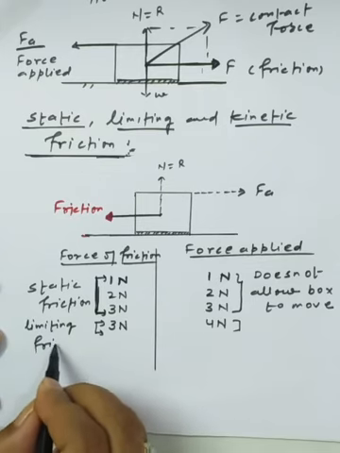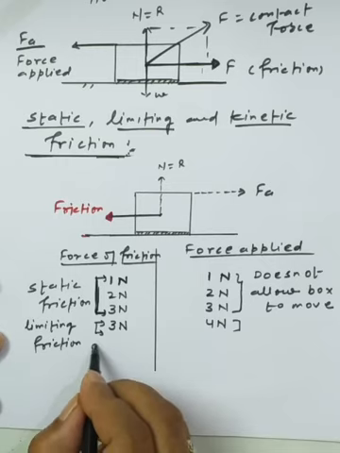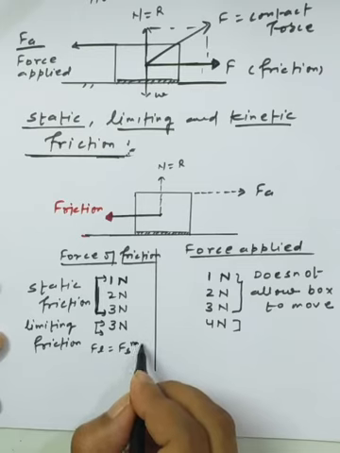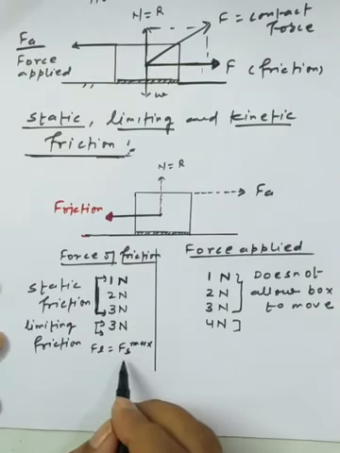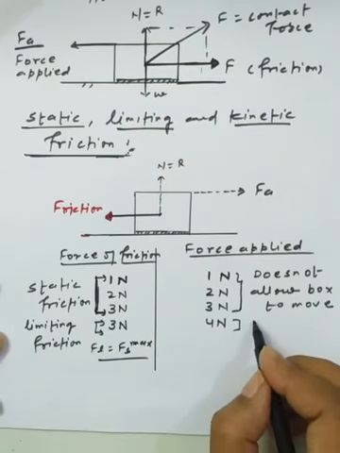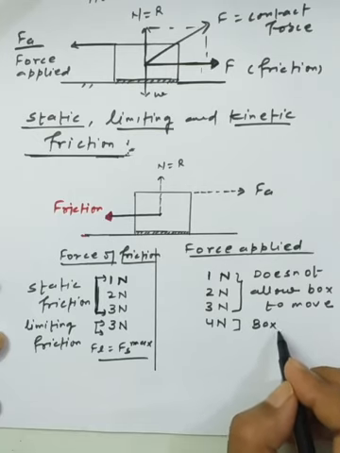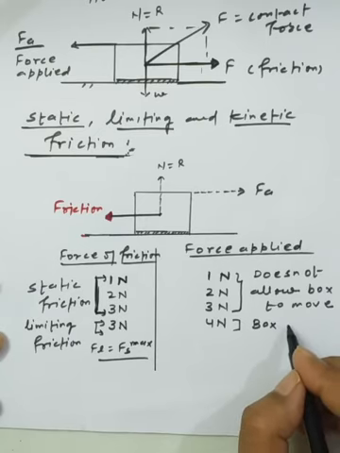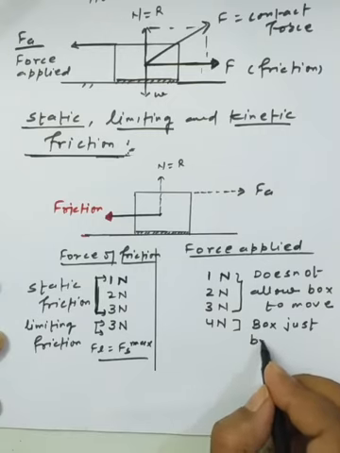It is also called the force of limiting friction, equal to the maximum value of the static friction. So the tendency of this friction is that it does not produce a steady motion of the box, it has just begun to slide.